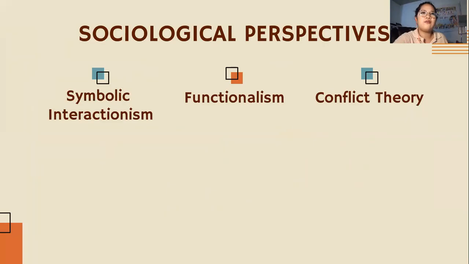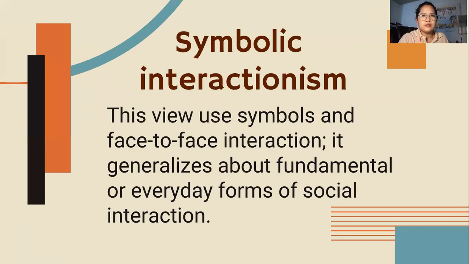Okay, so we have the sociological perspectives. I like this part because I think this is very important. We have symbolic interactionism, functionalism, and conflict theory. Symbolic interactionism uses symbols and face-to-face interaction. It generalizes fundamental or everyday forms of social interaction.